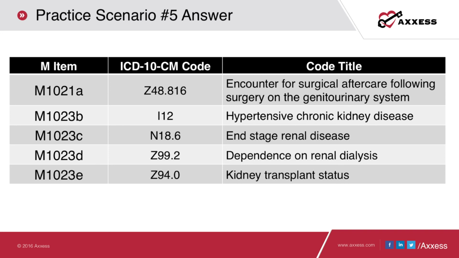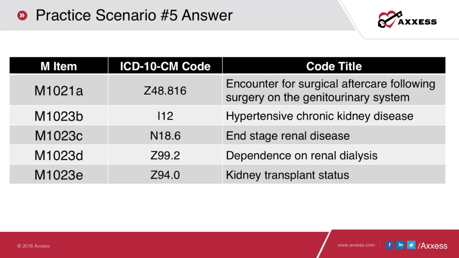Then you're going to code the hypertensive chronic kidney disease, I12. There's guidance at I12 that tells you to use additional code to identify the stage of the renal disease, and N18.6 is end-stage renal disease. And then we also have to add 2 status codes. One code, Z99.2, is dependence on renal dialysis, and you'll see at N18.6 there's guidance to add this code if it's appropriate.